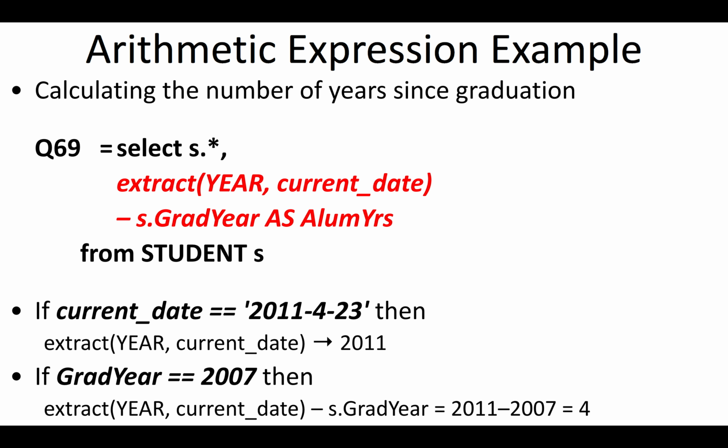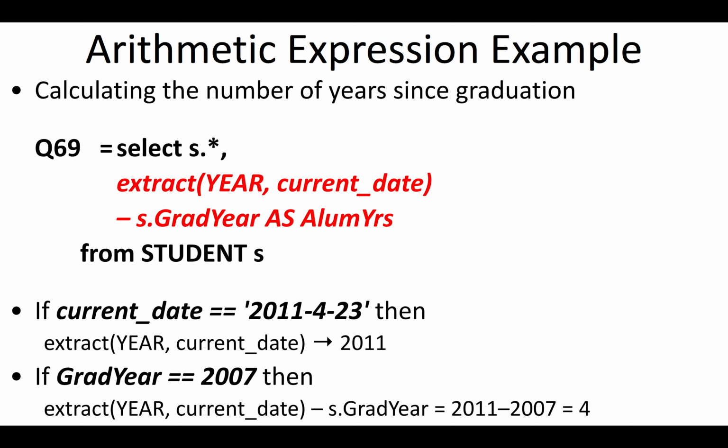What we're doing here is that we're extracting the current date, maybe 2019, 2020, and we're extracting the year, and then we're subtracting from that their graduation year. Are you graduating 2018? Are you graduating 2022? We're subtracting that, and depending on the value, we're going to determine whether you're an alum or not, right? So if your graduation year is in the past, then you're an alum. If your graduation year is in the future, then you're not an alum, right?